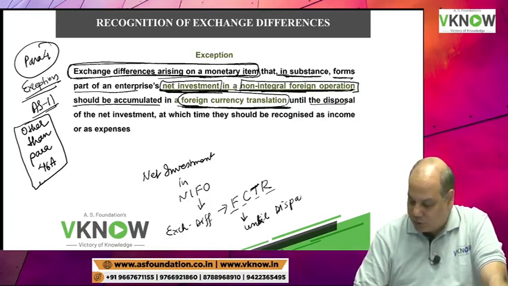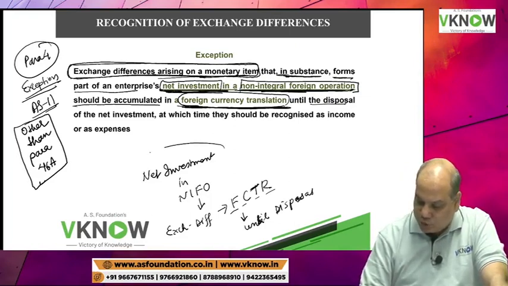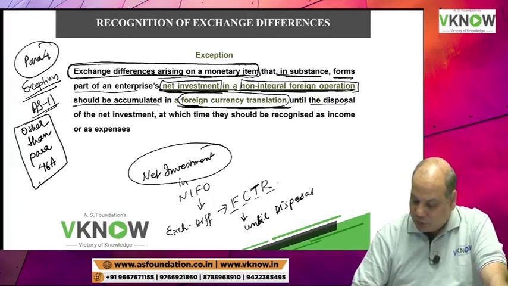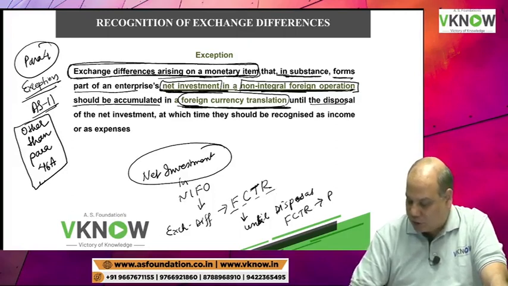Until disposal means once you dispose this net investment, the FCTR will be transferred to P&L account.